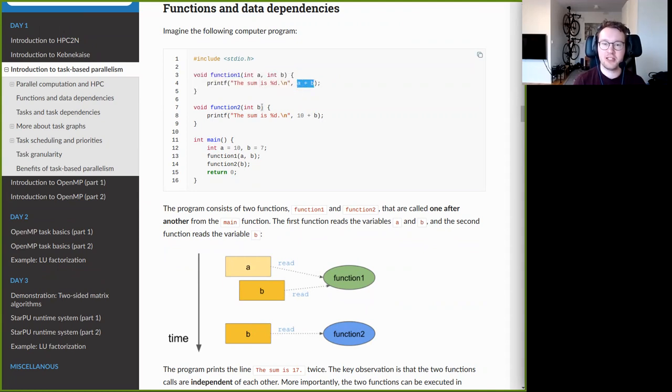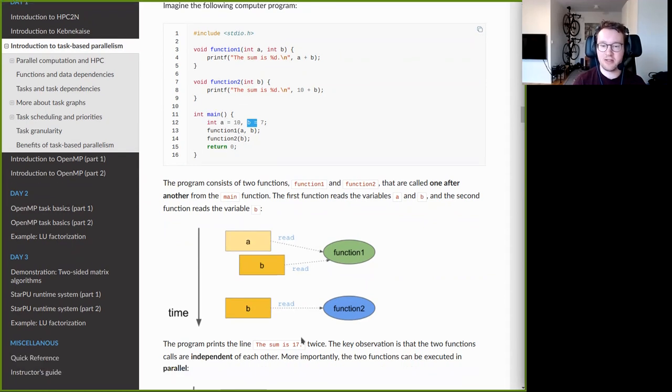Function 2 takes just one argument and outputs 10 plus this argument. In the main function, we are setting a to 1 and b to 7 and then calling these two functions. Of course, the output is going to print the line, the sum is 17, twice, because it's 10 plus 7, and then 10 plus 7 coming from the second one. So nothing special in this program.